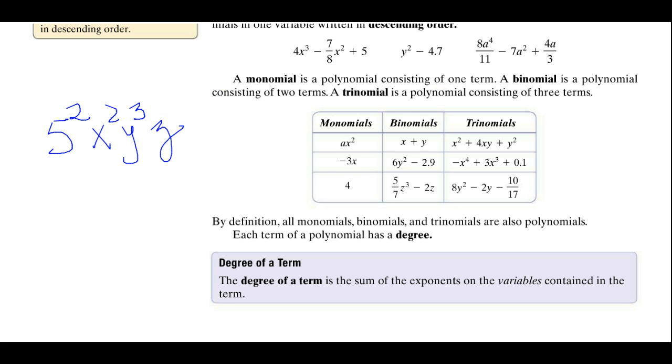Now here we would only be interested in the exponents on the variable, because this is actually 25, and we don't count the coefficient when we're defining degree of a term. So this variable has 2, this one has 3, and this one has 1. So the degree of this term we say would be 6.